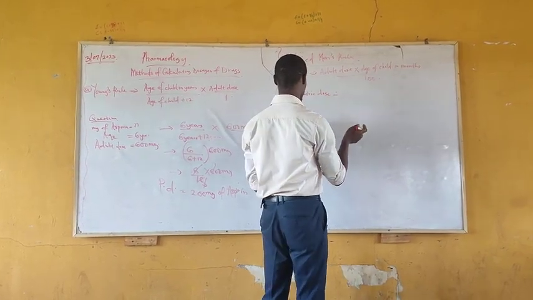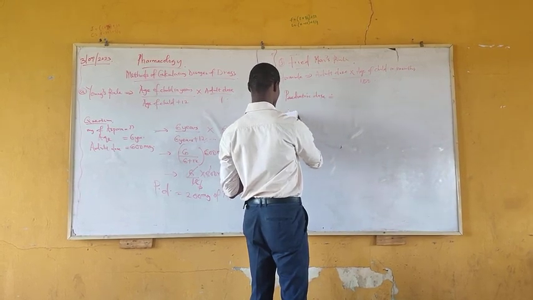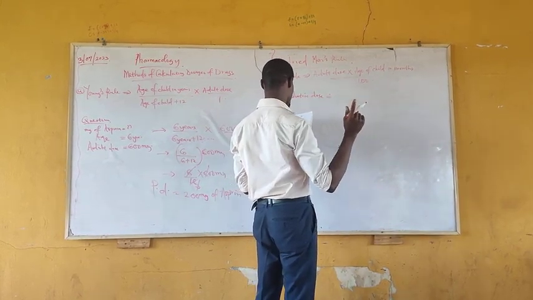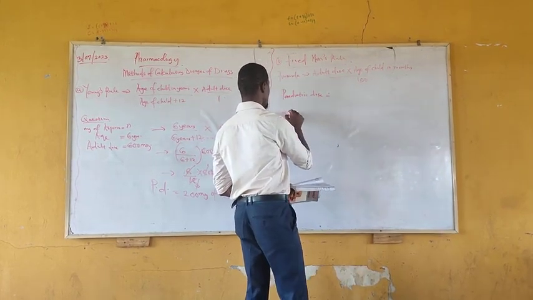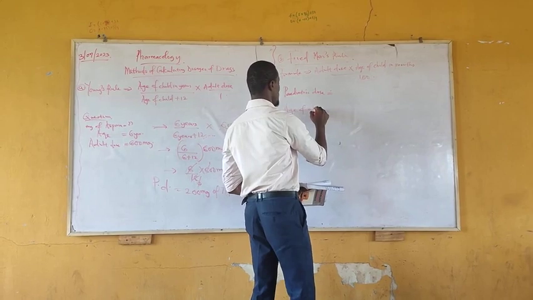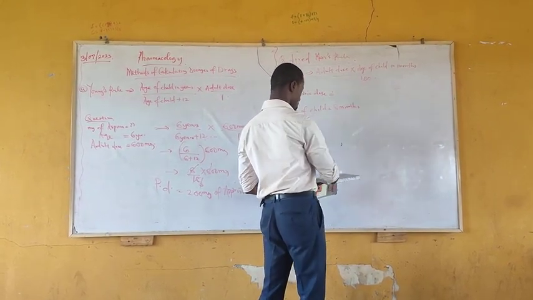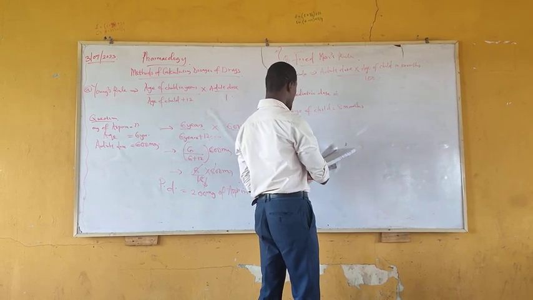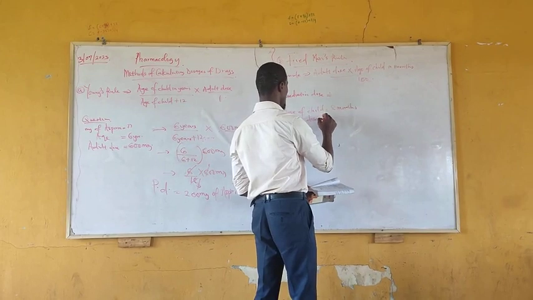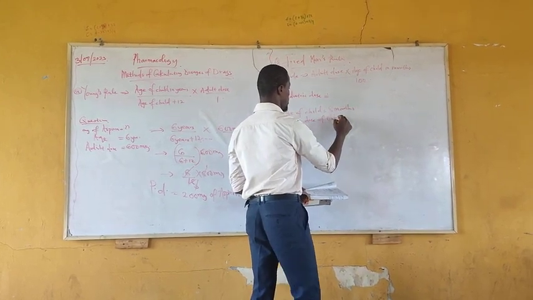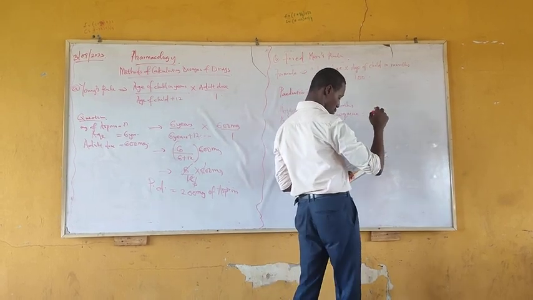What is the dose of chloroquine injection you will give to a child of 8 months? So the age of the child is 8 months, when the adult dose of chloroquine is 5 mils.